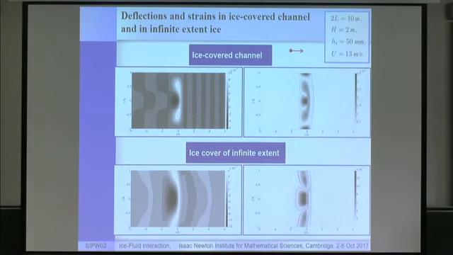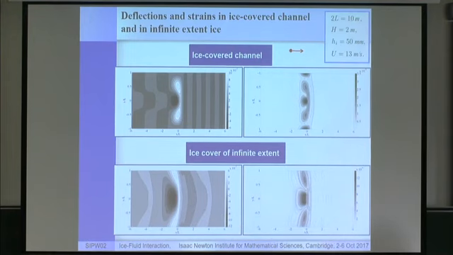And here I just show the results comparing the deflection. Deflection is this part and strain is this part for the ice-covered channel, and the same conditions but with infinite extent for the motion of the loads.